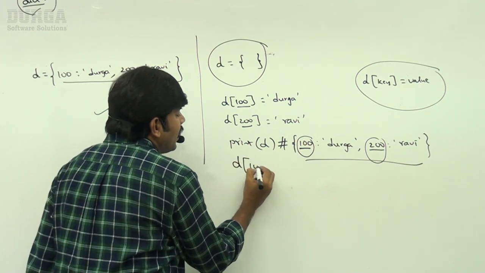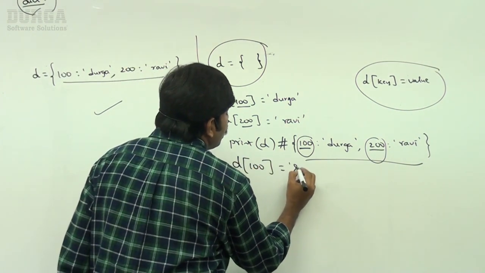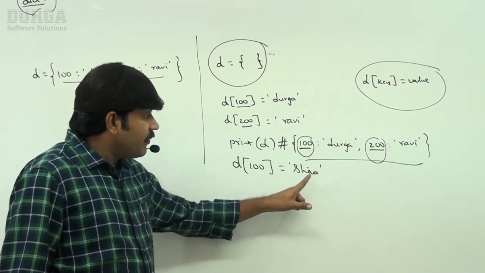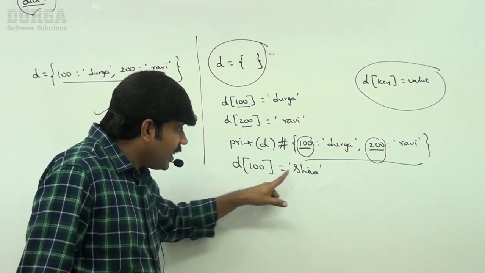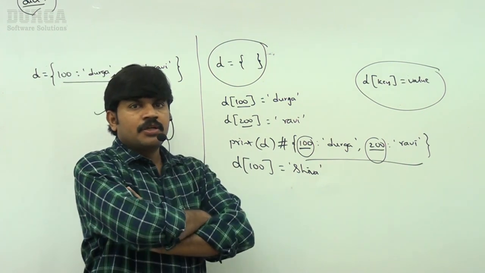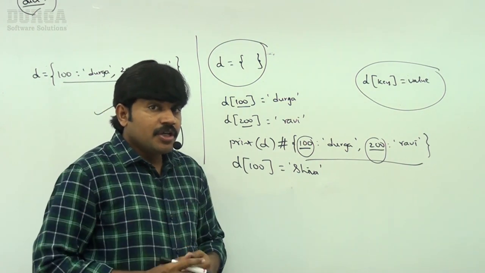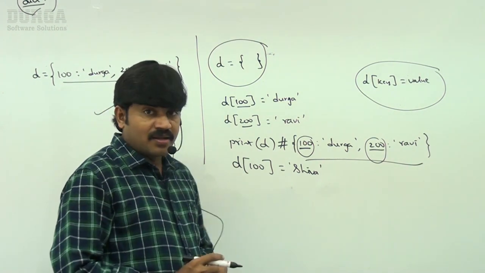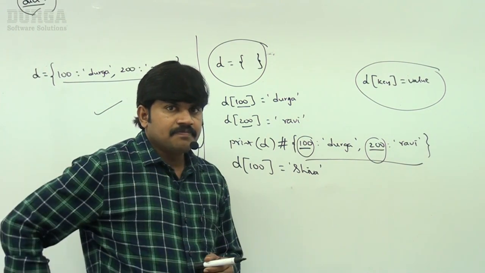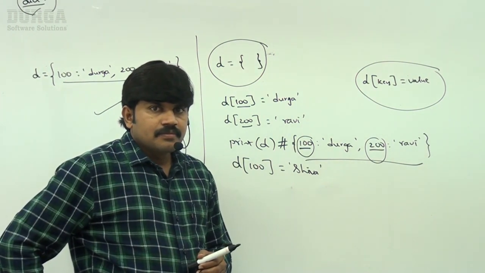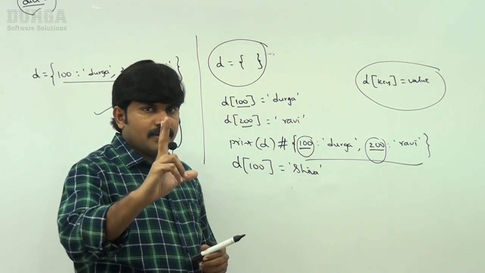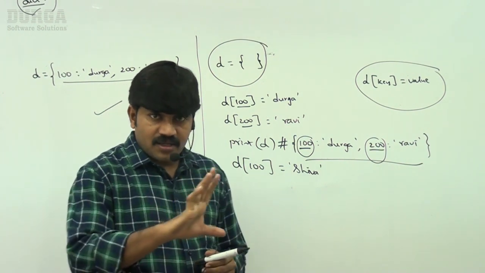d[100] = 'Shiva'. I'm trying to take d[100] = 'Shiva'. What will happen? Respond, friends. Duplicate keys are allowed or not allowed? Not allowed. Then will I get an error or not? Very important: in a dictionary, duplicate keys are not allowed.